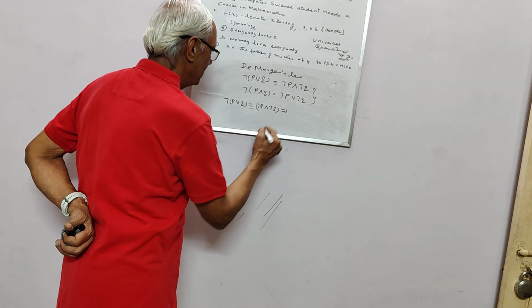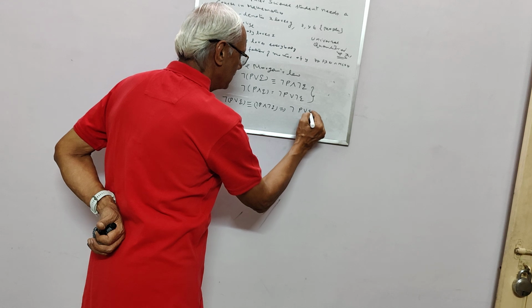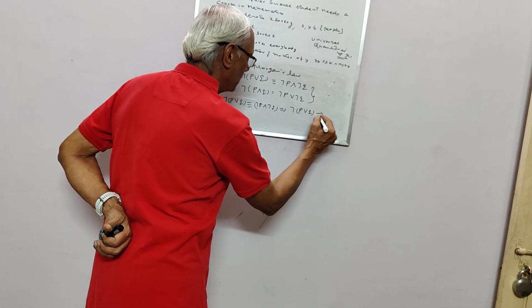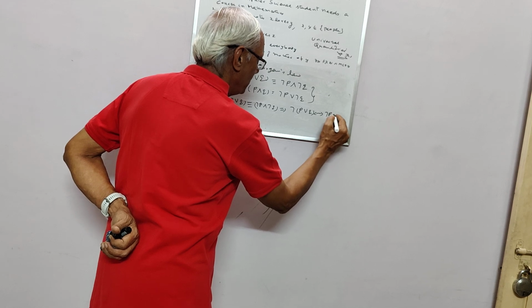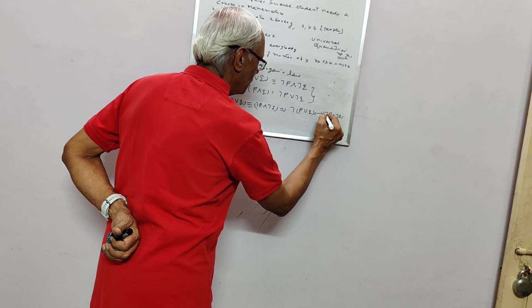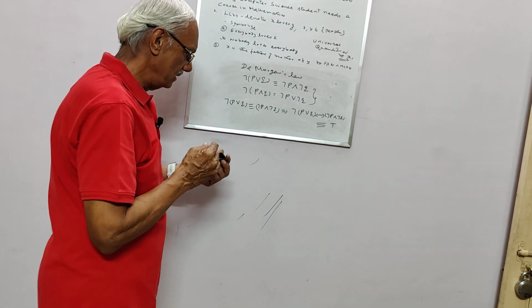This implies that negation of P disjunction Q if and only if negation of P conjunction negation of Q. What does this mean?